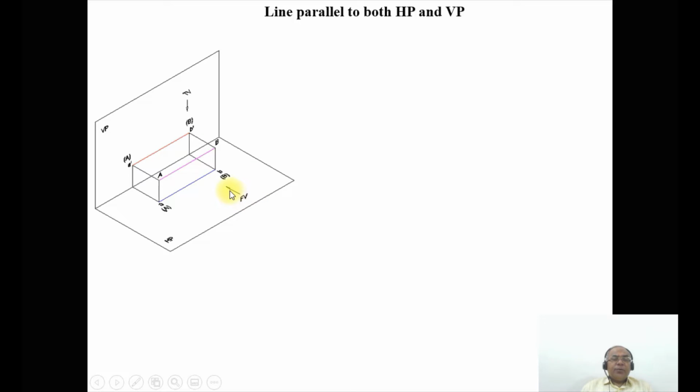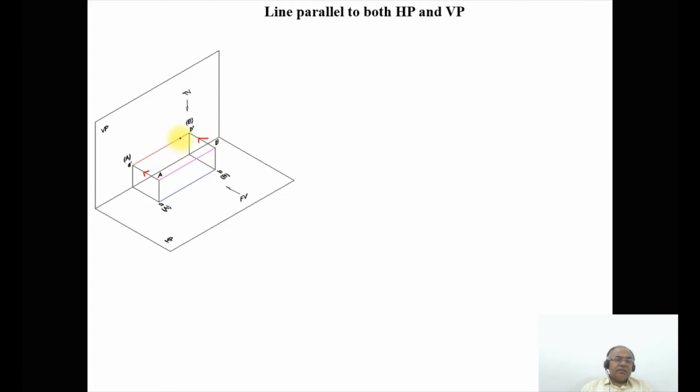As we look from the front view, we can see the distance above HP, and both endpoints, capital A and capital B, are equidistant from the horizontal plane. When you look from the front view, the image falls on the vertical plane, because the view is perpendicular to VP. This is the way of projection we do here.